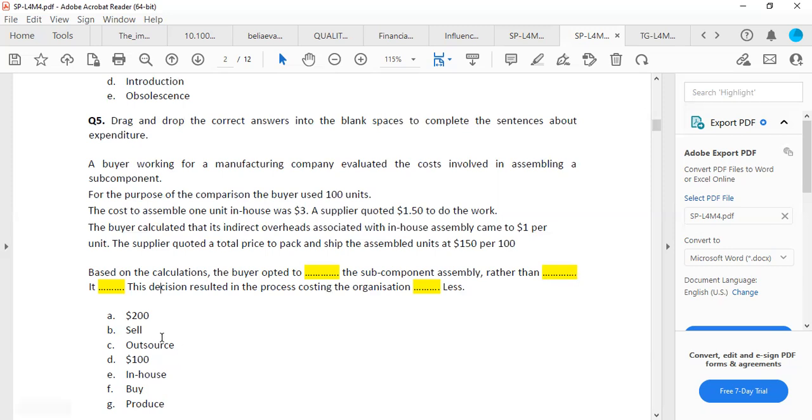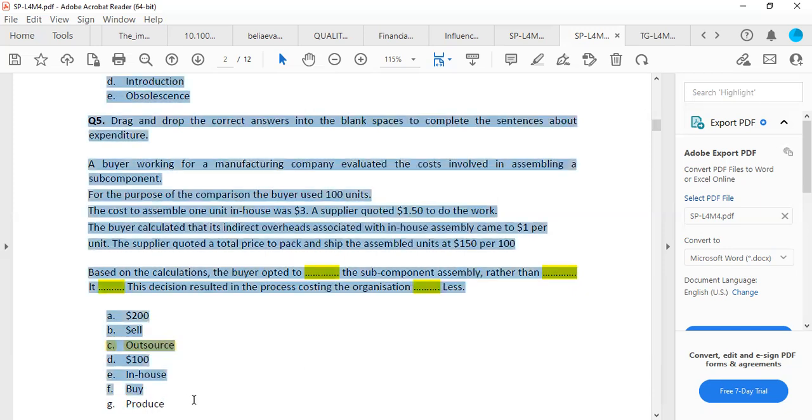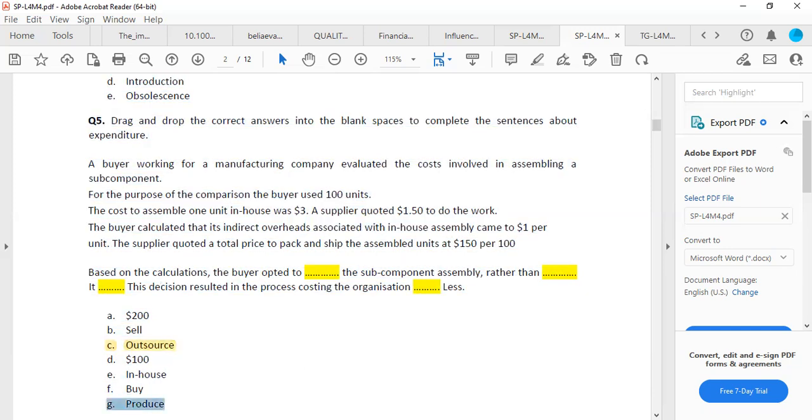So the buyer opted to outsource the subcomponent assembly rather than produce it in-house.